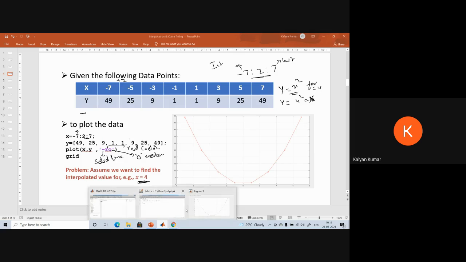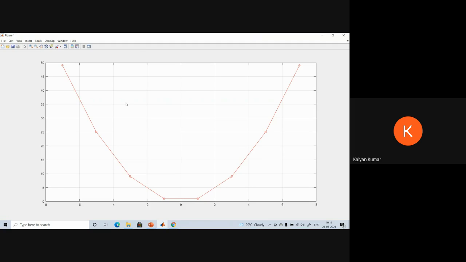But if you see the graph that I have plotted here, for better appearance, I am increasing the line width of the graph.